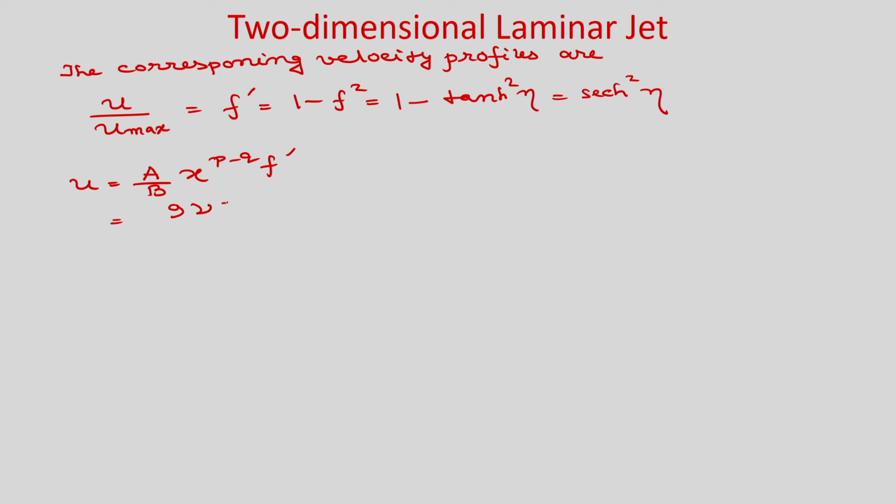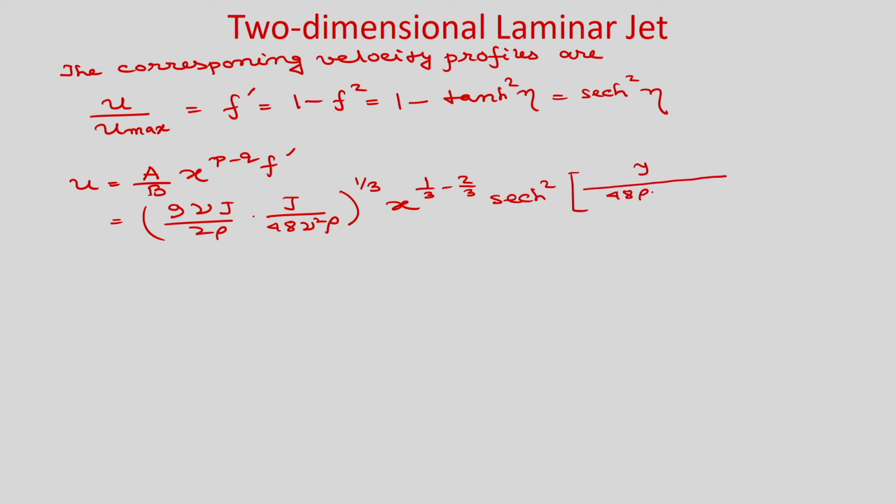So you can write (9 nu j divided by 2 rho) and b as 48 nu square rho by j, to the power 1 by 3, x to the power 1 by 3 minus 2 by 3, and we have sech square of y by (48 rho nu square divided by j) to the power 1 by 3 x to the power 2 by 3. So, this is the eta. Eta we have written as y by b x to the power q.